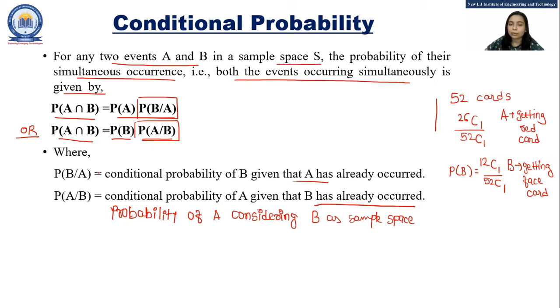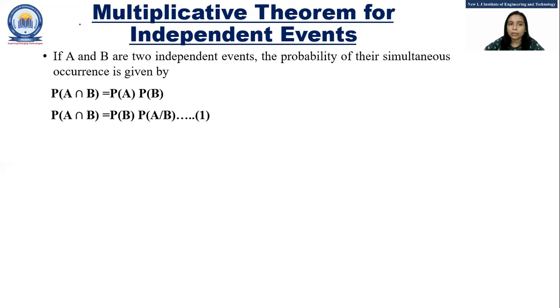So that is about conditional probability. Now moving to the next topic, the multiplicative theorem for independent events. If A and B are two independent events, the probability of their simultaneous occurrence is given by P(A intersect B) = P(A) × P(B).